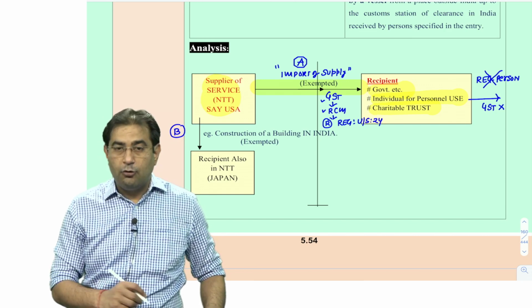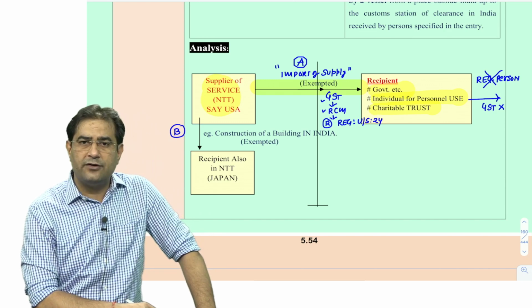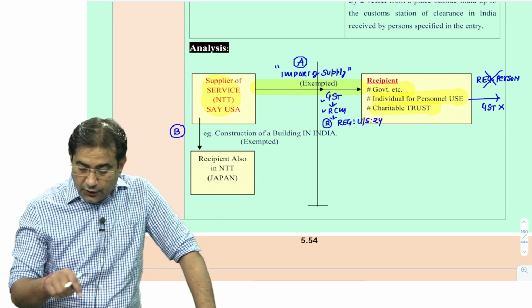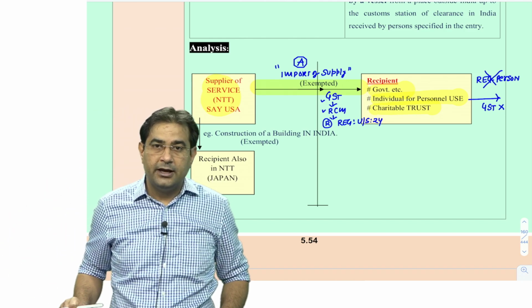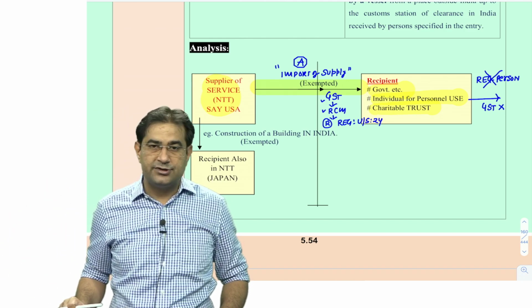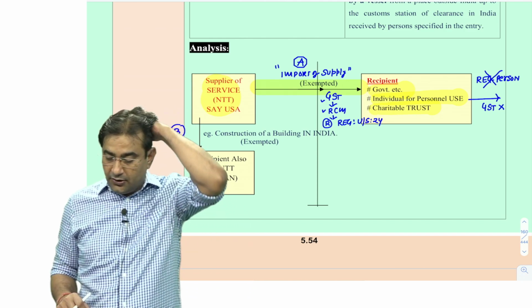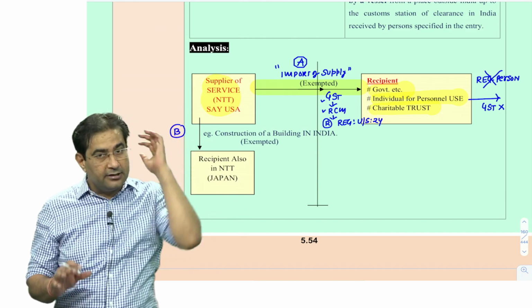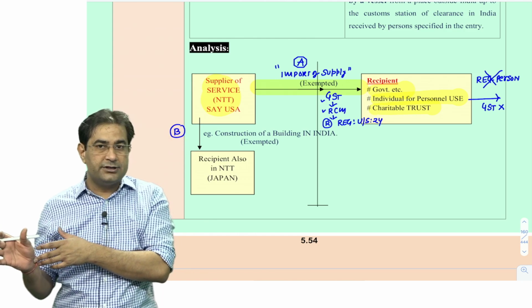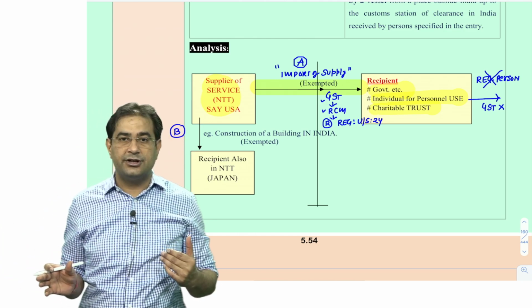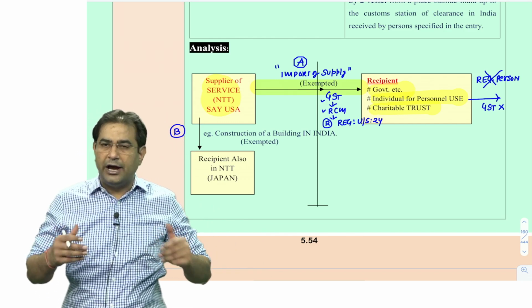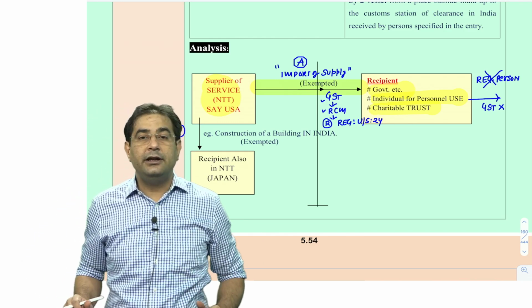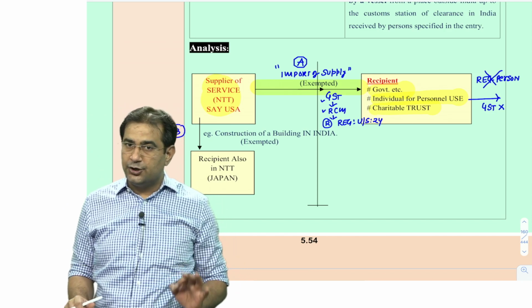If it is required to get registered just because of import of services, just imagine, the government itself is required to get registered under the GST law. A charitable trust, which is otherwise exempted, not required to pay GST, not required to have any registration, but just because of import of services, the trust needs to have mandatory registration under section 24.